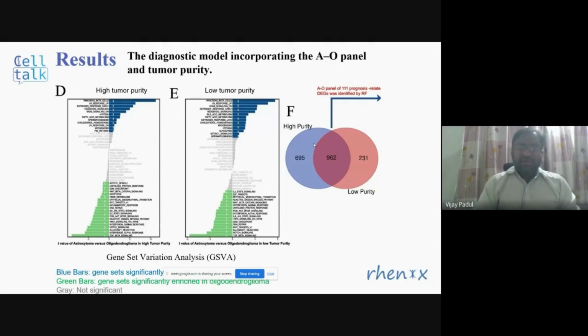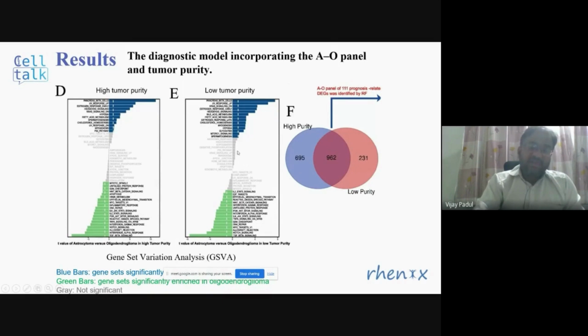In the next analysis, they performed gene set variation analysis with high tumor purity samples and low tumor purity samples in oligodendrogliomas and astrocytomas. So here, these blue gene sets are significantly enriched in astrocytomas, and the gene sets represented in green are significantly enriched in the oligodendrogliomas.